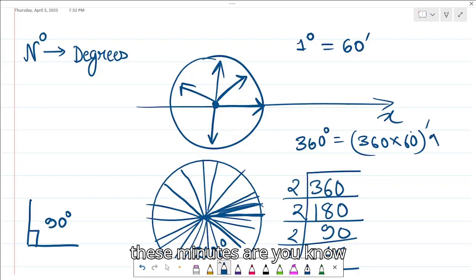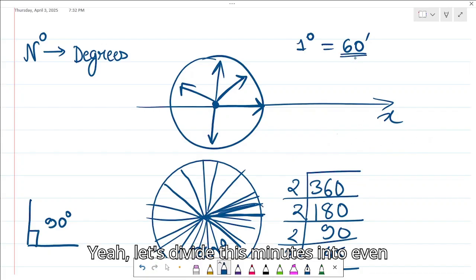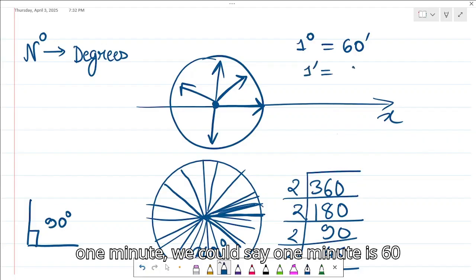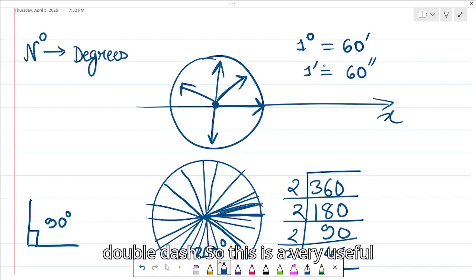And these minutes are written with a single dash or apostrophe, whatever you like to call it. So let's divide these minutes into even smaller units. So 1 minute is 60 seconds. The seconds are written with a double dash. So this is a very useful conversion.